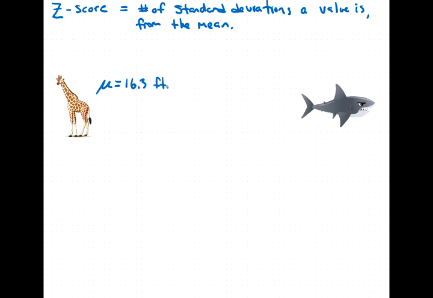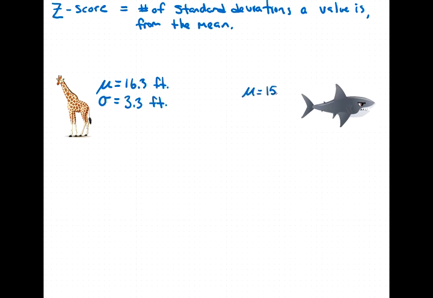Depending on what site you use or what source you use, you may get different values. But for the sake of this problem, let's just say the information I found online was somewhat accurate. So the mean height of an adult female giraffe is 16.3 feet, and the standard deviation is 3.3 feet.